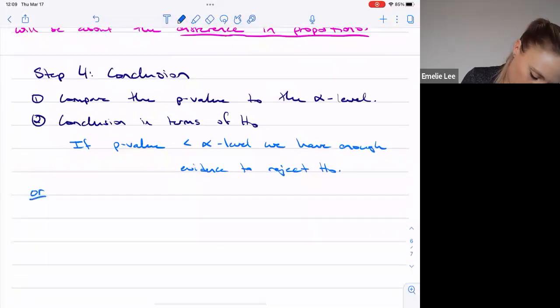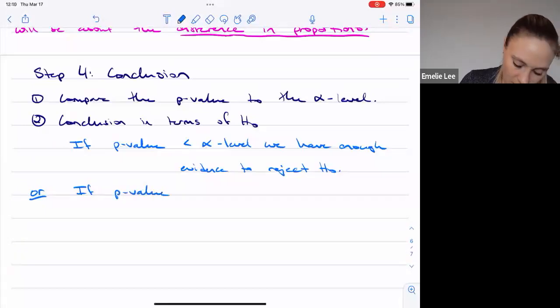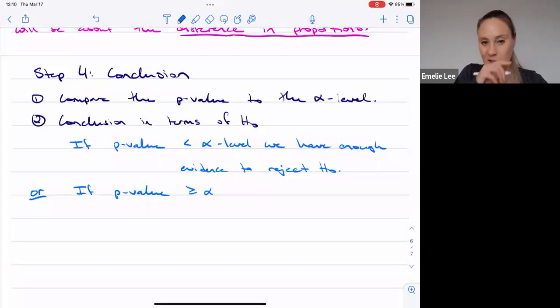Or if the p-value is not less than the alpha level. If the p-value is greater than the alpha level, I'll say greater than or equal to, kind of flexible here. It depends on how expensive it is to make a type 1 or a type 2 error, type 1 error, sorry.